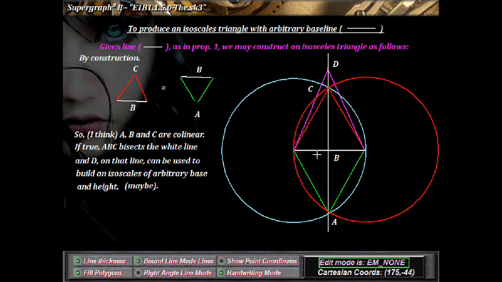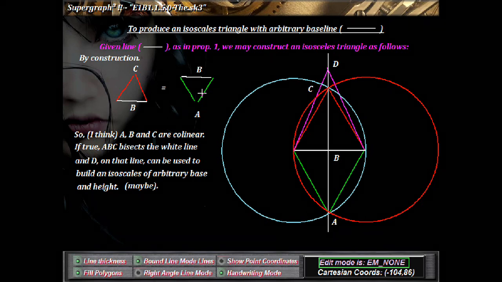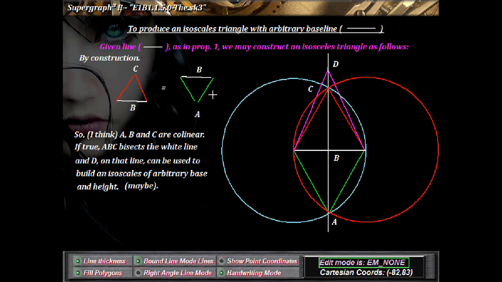This construction of this triangle, I can say is equal to this triangle because I know these lengths exactly. I know this is one radius distance, the same as in this triangle, and I know these distances are the same as these distances. So I can draw an equivalence between these two, but again, these are mirror images, so there's not much I can do with them.